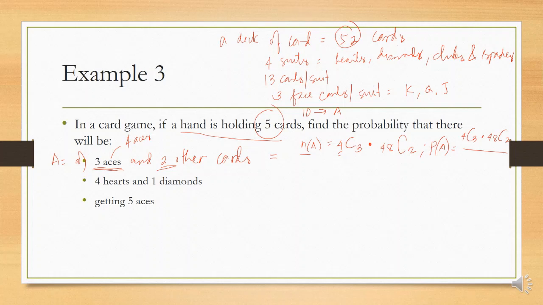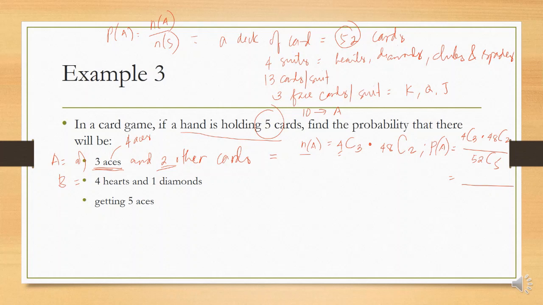Remember, ang P of A natin is N of A over N of S. So, ang N of S natin for a deck of card is 52 combination of 5. Dahil 5 cards ang hinahanap natin sa isang deck. Okay, so this will be your answer for letter A. While yung event B natin, ang hawak nating baraha ay 4 hearts and 1 diamond.